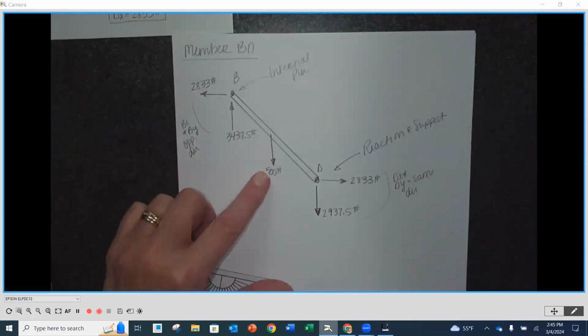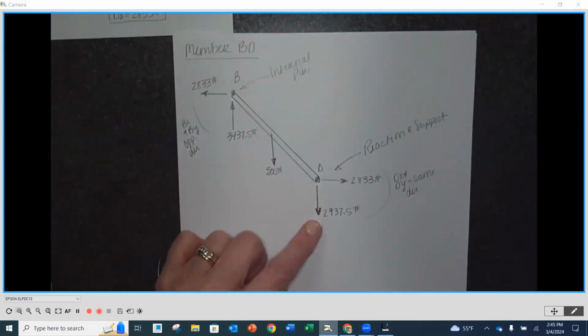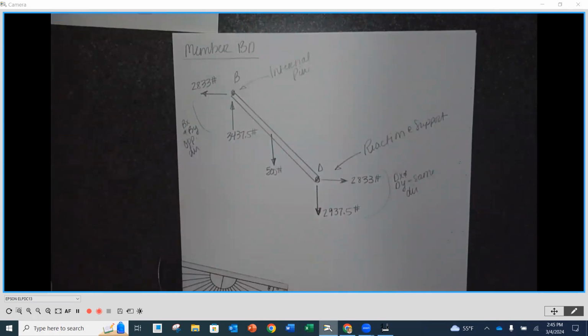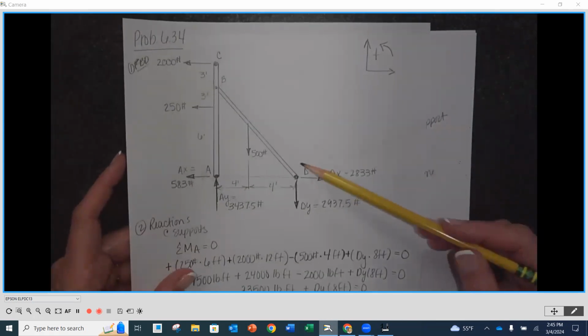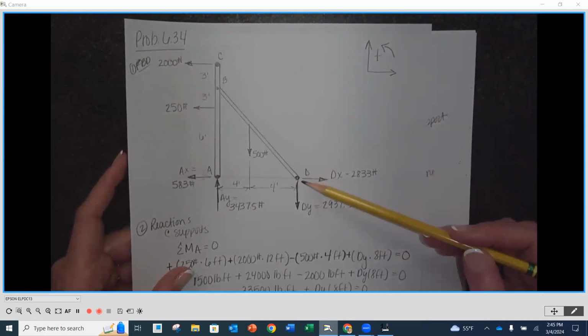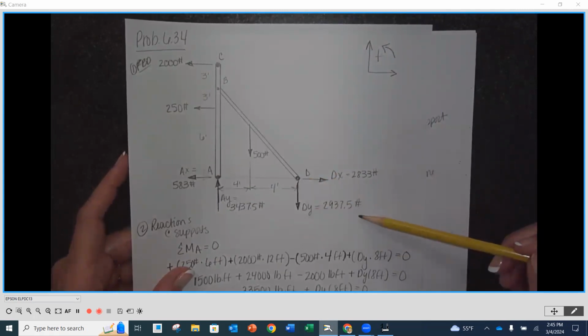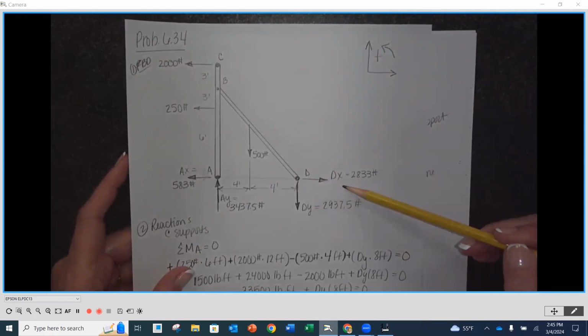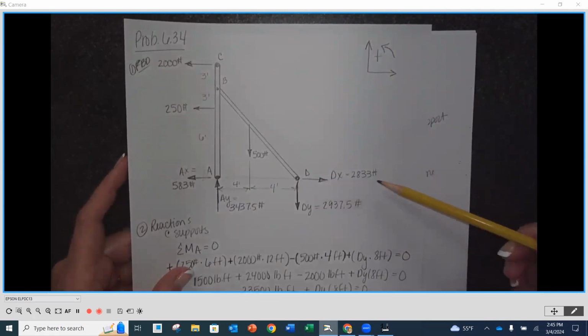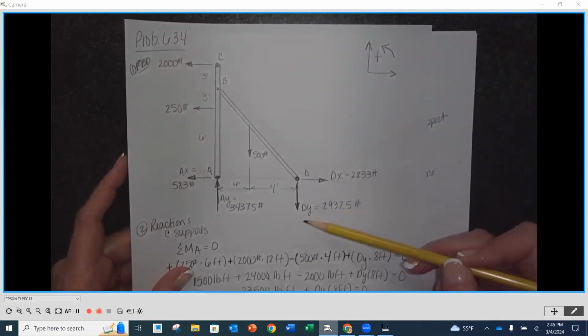The 500 still goes down. And then we determined that DY on our full frame is going down 2937.5. And we calculated our DX, since we found AX to be 2833 going to the right. These stay in the same direction.